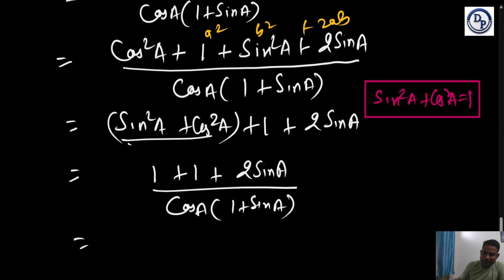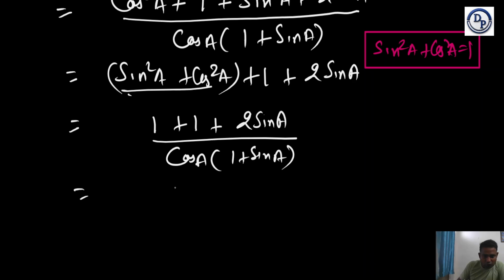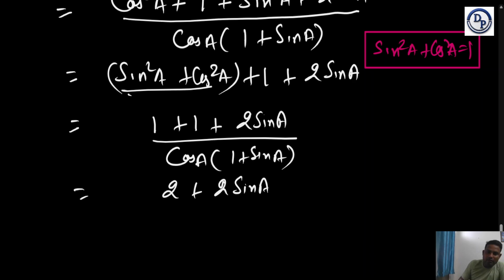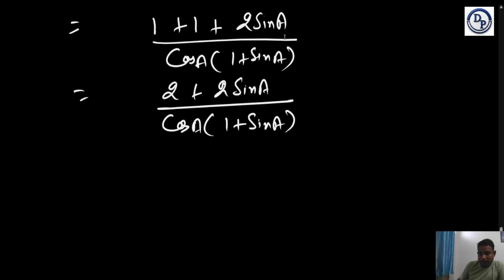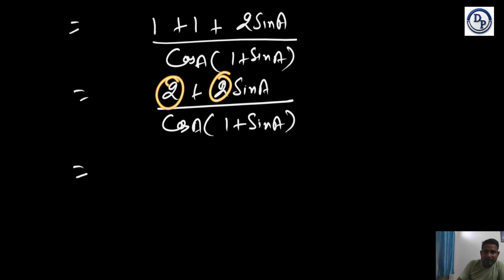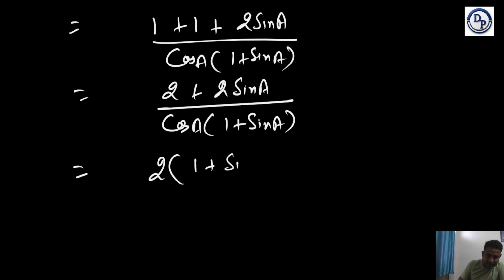Okay, अब हम क्या करेंगे, अब ध्यान से देखो, तो इसे हम लिख सकते हैं 2 plus 2 sin A divided by cos A times (1 plus sin A). ठीक है, तो अब ये थोड़ा देर हम रुके, for few seconds and think how can we proceed further. Yes, अब हमें क्या दिख रहा है कि this 2 is common in both, so we can take out this 2 like this, 2 times (1 plus sin A).